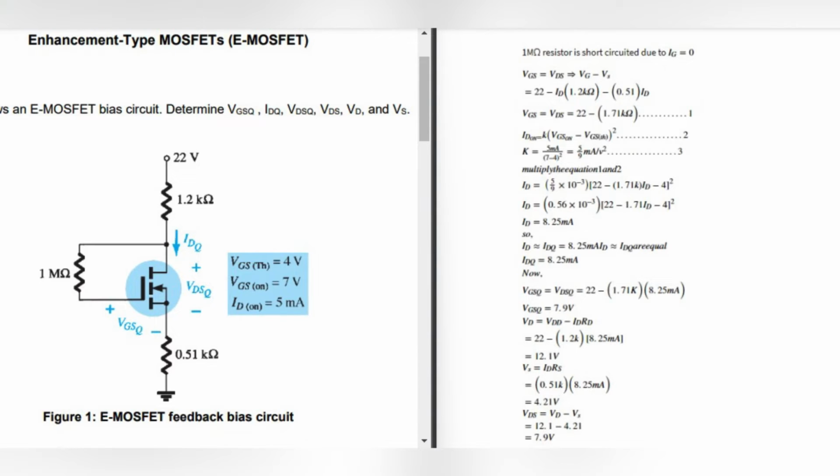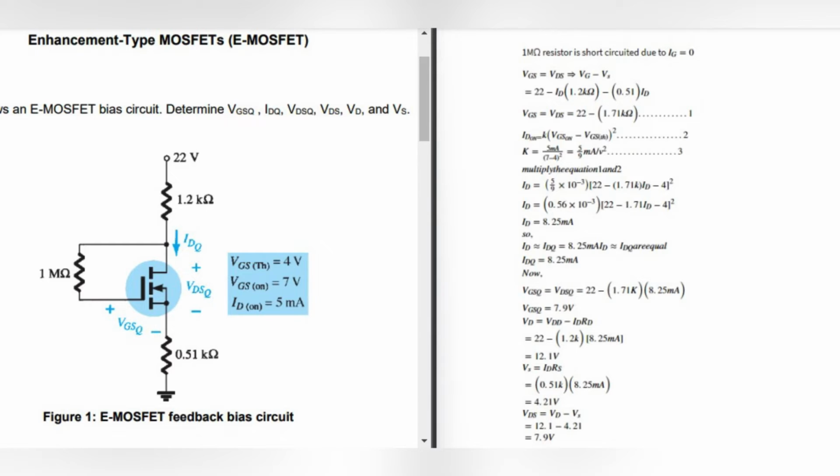So we just multiply equation 1 and 2, which is ID equals 5/9 times 10 to the power of negative 3 times the bracket of 22 minus 1.71 K times ID minus 4, in the bracket to the power of 2. So from the equation we calculate, at the end of the answer we will get 8.25 milliamp.